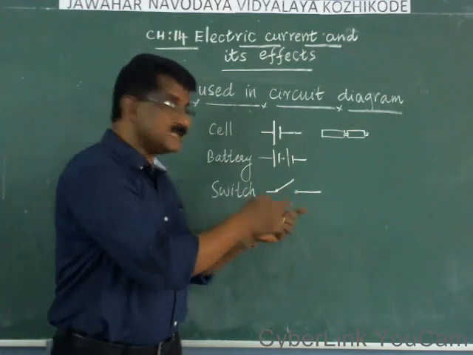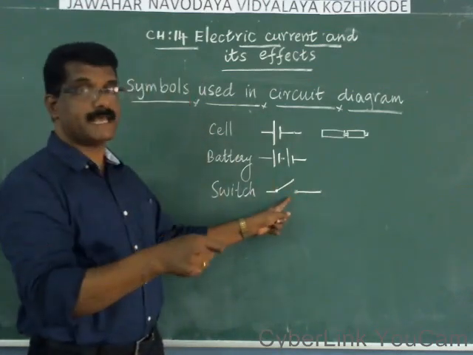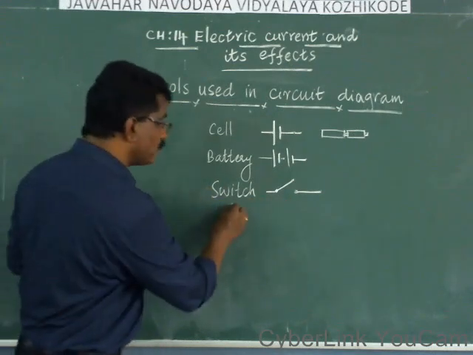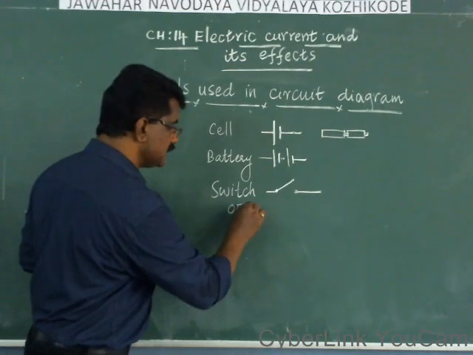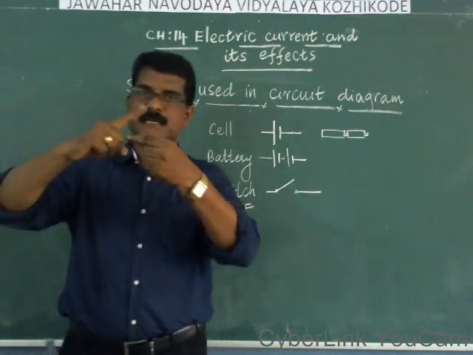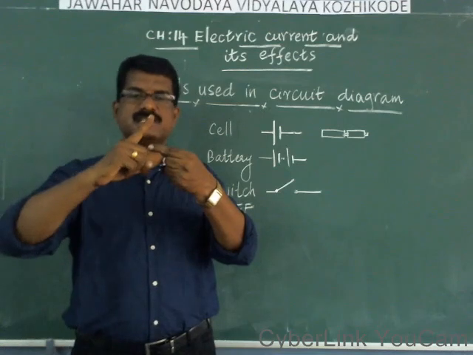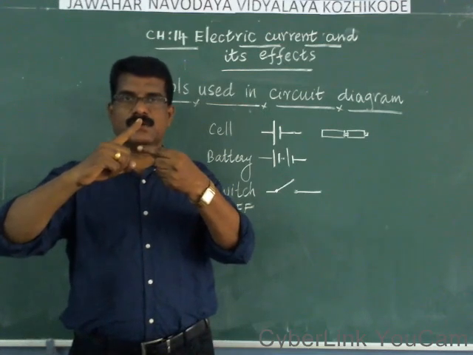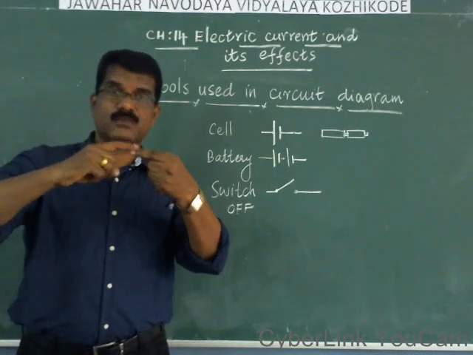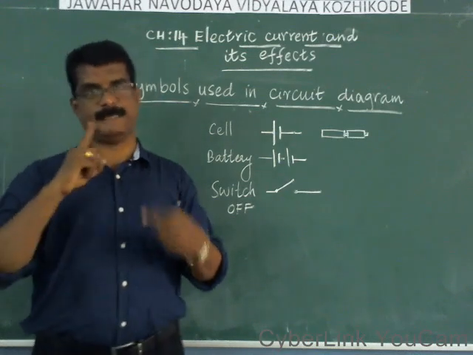One part of the switch is not connected to the other part of the wire. That indicates that the switch is in off position. So this is switch off position. In switch off position, one edge will be just like this. One edge is not touching the other wire. That means it is switch off position.